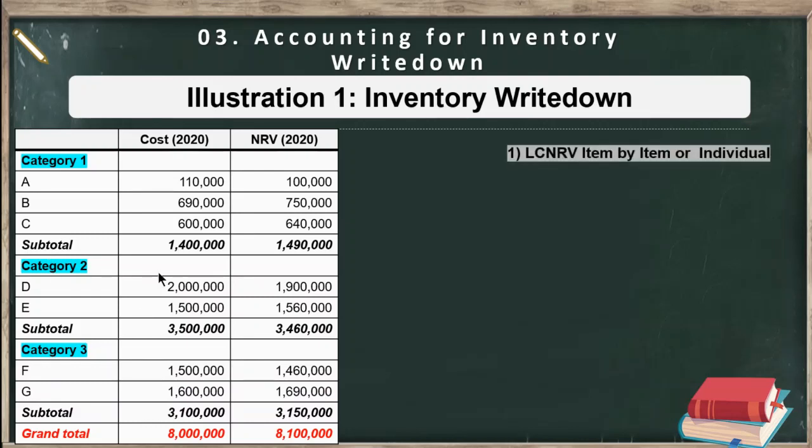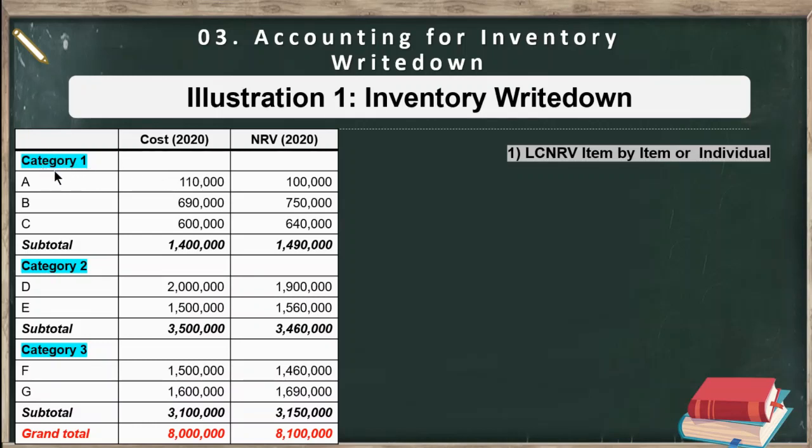What if we're using the LCNRV item by item or individual basis? We're going to look at each of the inventories and compare its corresponding cost and NRV, item by item, or individual basis.